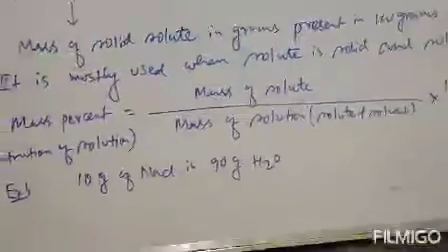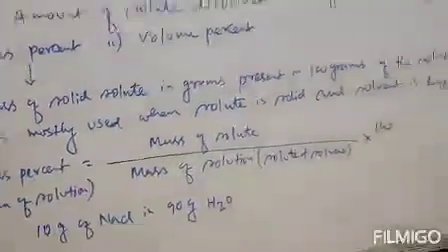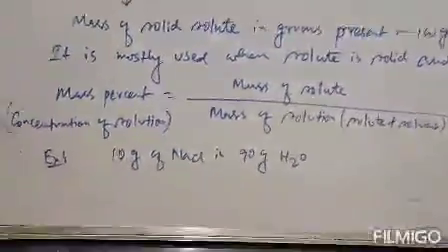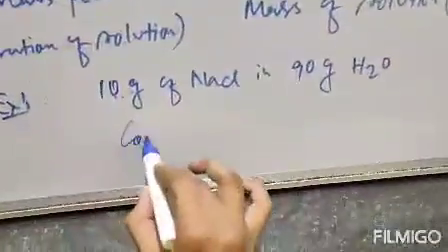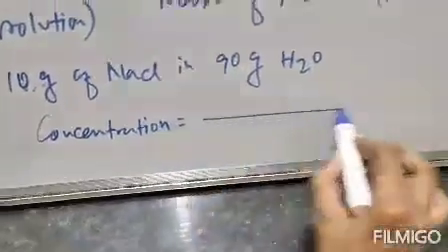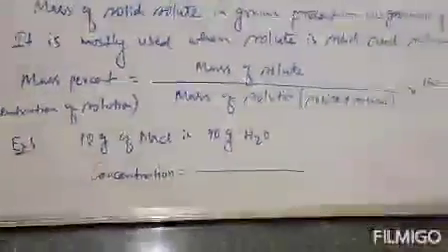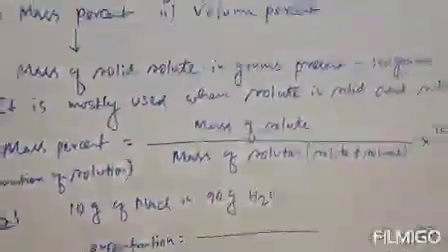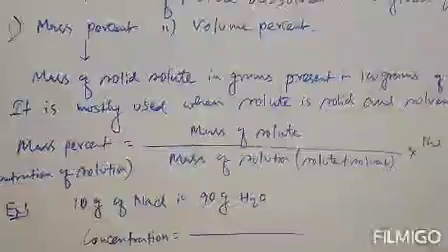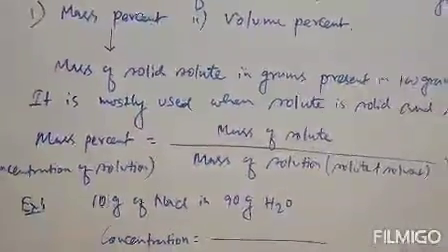Using the mass percent formula: mass of solute divided by mass of solution into 100. Here the mass of solute is NaCl, sodium chloride, because the substance you are dissolving is your solute.